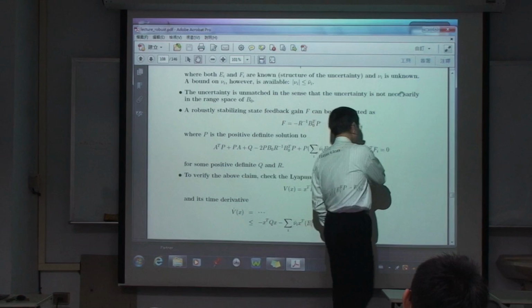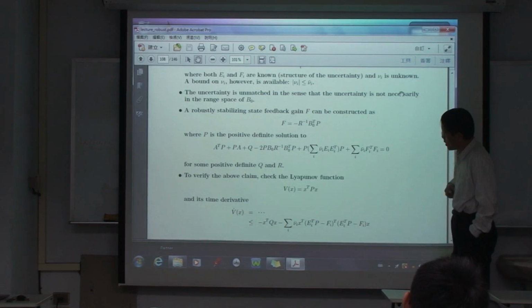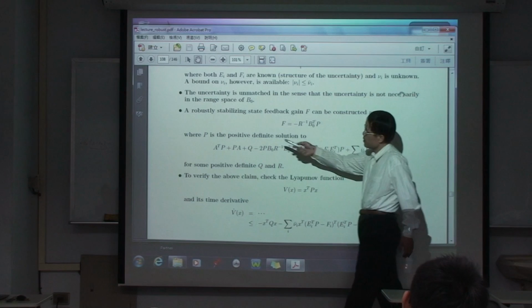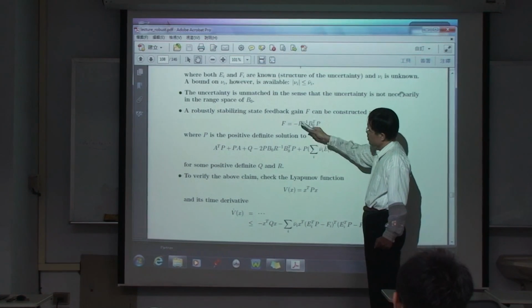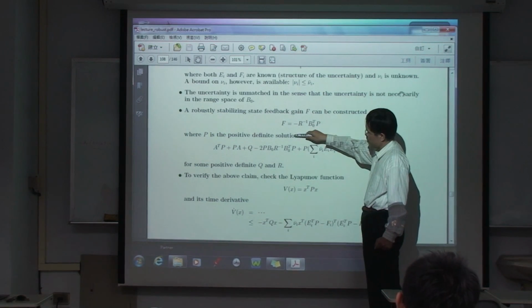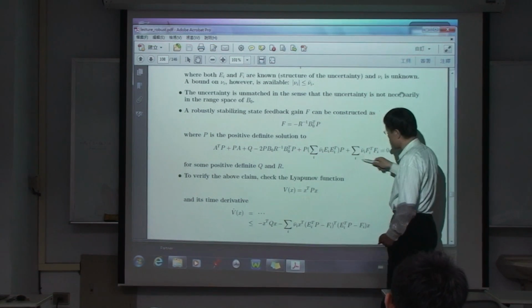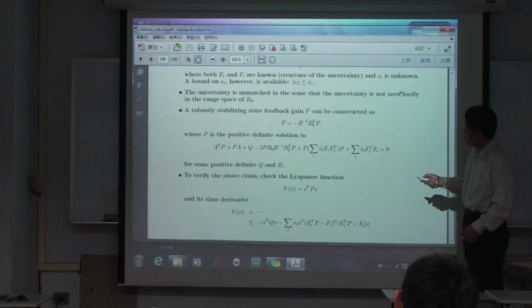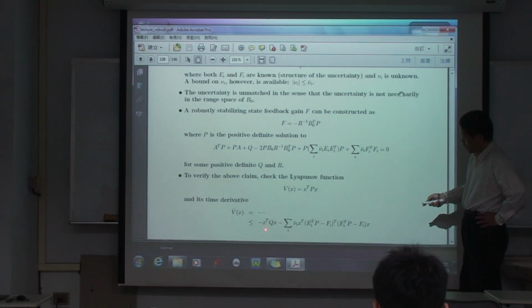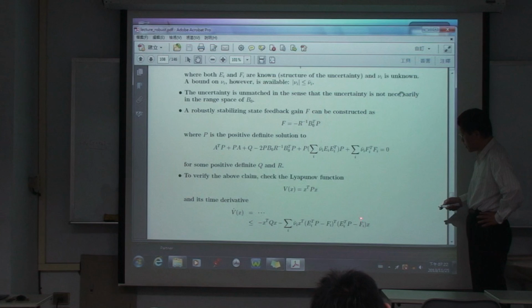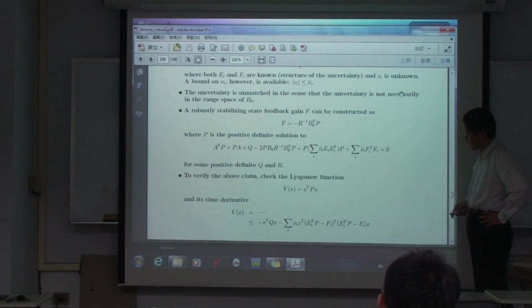But if you look at the result here, the result states that a robustly stabilizing statement again can be constructed, provided you can find the solution here, where P and Q satisfy this equation. And the proof of this result is for you to assume this diagonal function and then show the stability equal to this. And then suppose this equation is solvable, then you are done.